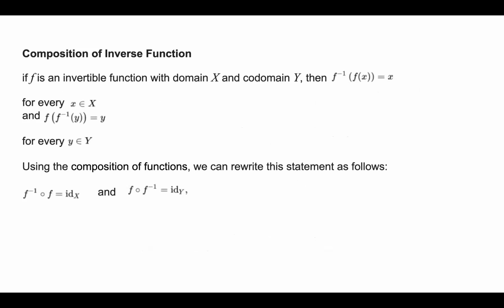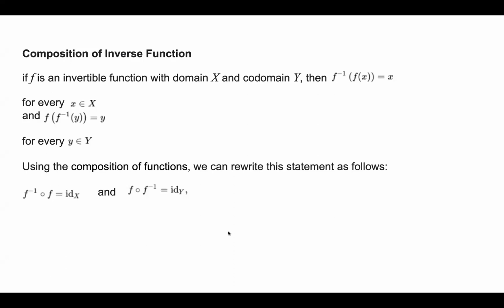Now the last topic from this chapter is composition of inverse function. How is composition of inverse function processed? If f is an invertible function with domain X and codomain Y, then f inverse of f of x is equal to x.